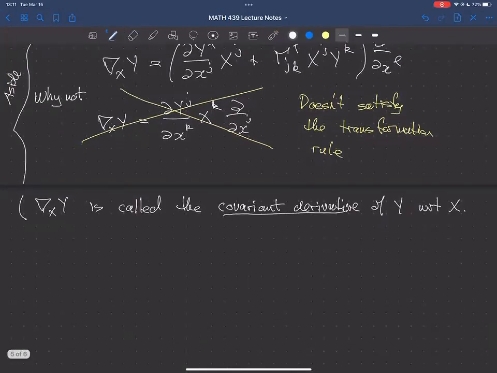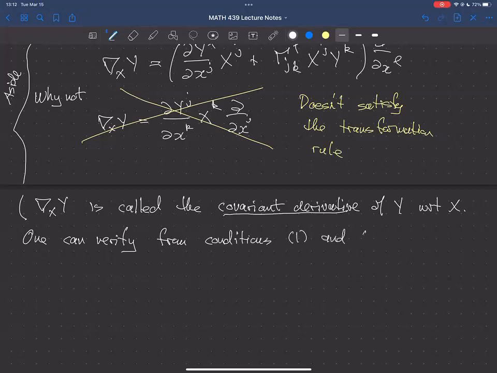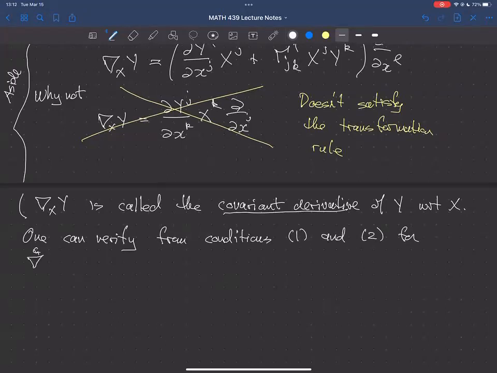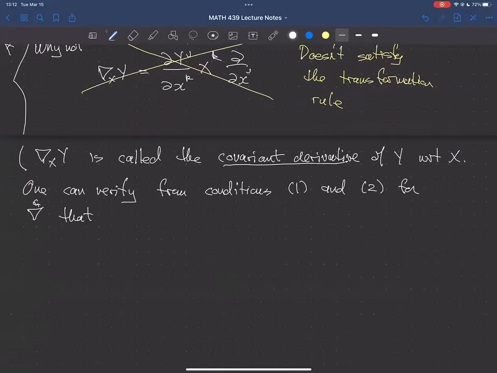And so one can verify from conditions 1 and 2 for the Levi-Civita connection, nabla G, that the Christoffel symbols are given by exactly the thing that we derived when we derived the Euler-Lagrange equations.